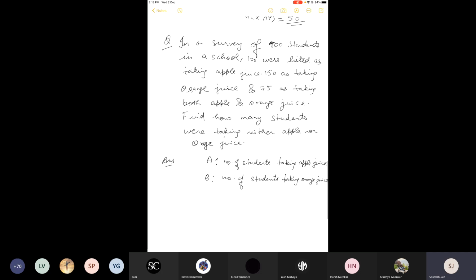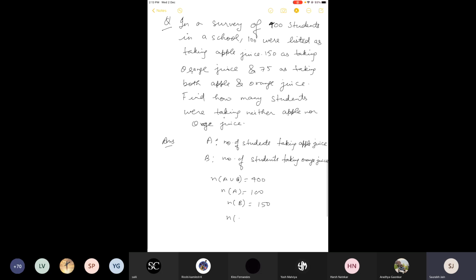In a survey of 400 students, that means A union B is given, 400. Number of students taking apple juice, 100. Number of students taking orange juice, 150. Taking both, A intersection B is 75.